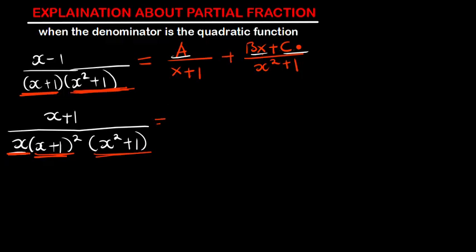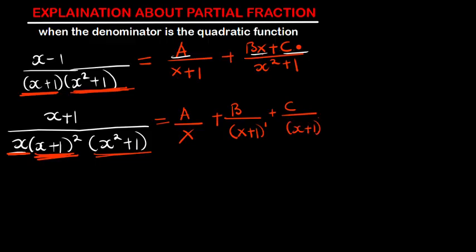Since you have that, what you need to understand is it will be a on top over x, plus b over x plus 1 to the power 1, since that is a repeating function, plus c over x plus 1 to the power 2, then plus, for the quadratic function, dx plus e over x squared plus 1.